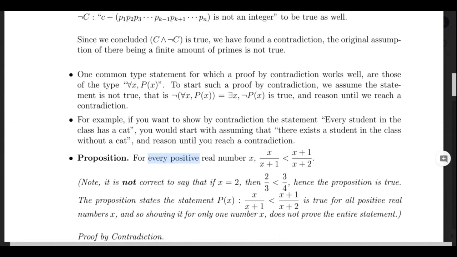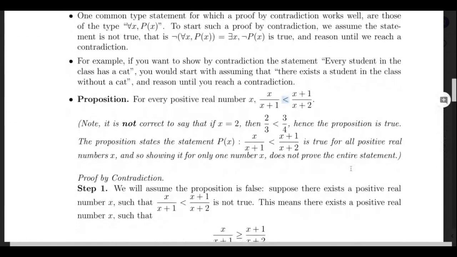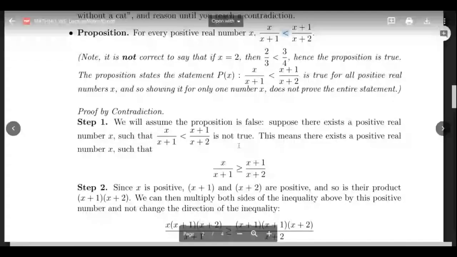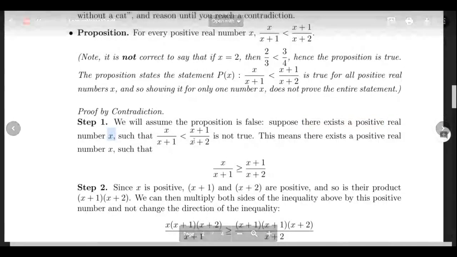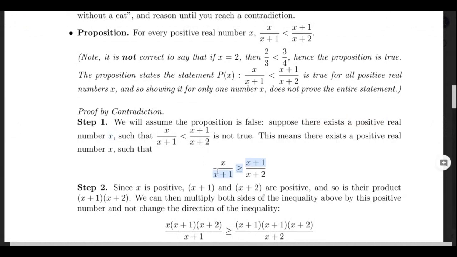Every becomes there is, right? And less than becomes greater than or equal to. Right? We negate. So assume the proposition is false, which means there exists one number such that the left-hand side is greater than or equal to the right-hand side.